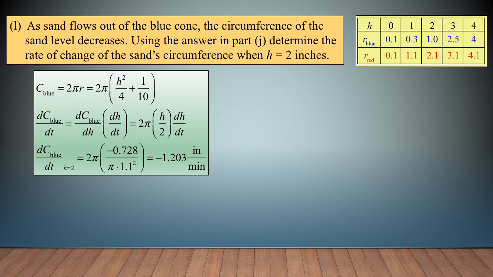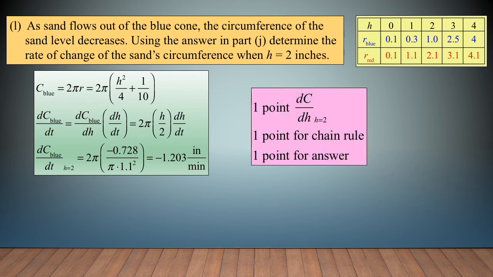So dC/dt when h is 2 is equal to 2 pi times the quantity negative 0.728 over 1.1 squared times pi, or negative 1.203 inches per minute. Points for this problem: 1 point for dC/dh at h equal to 2, 1 point for using the chain rule, and 1 point for the final answer.